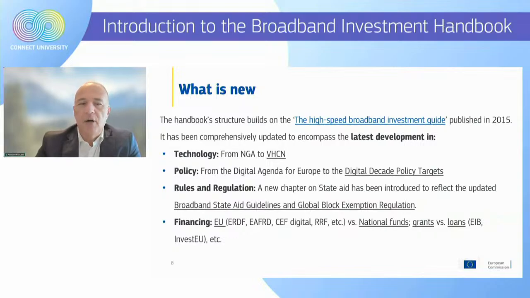We now have a new chapter on broadband, new broadband investment guidelines that were updated at the end of 2022, and two amendments of the General Block Exemption Regulation that take into account the developments in terms of technology and policy, and describe how the Commission assesses broadband projects that require the involvement of state aid.